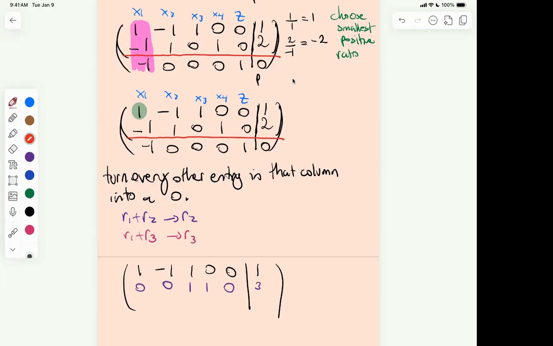And then the last row becomes, when you do the addition, 0, -1, 1, 0, 1, and then 1.